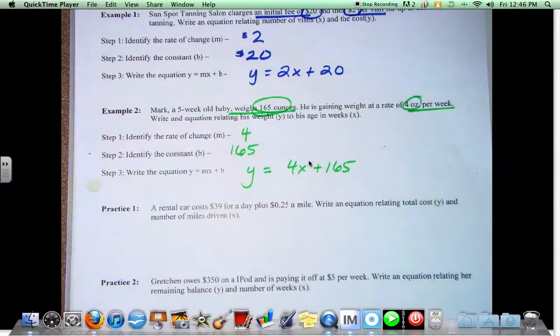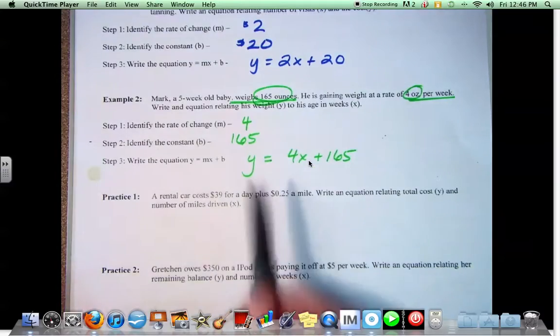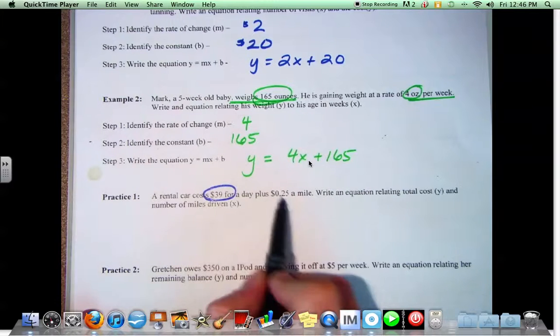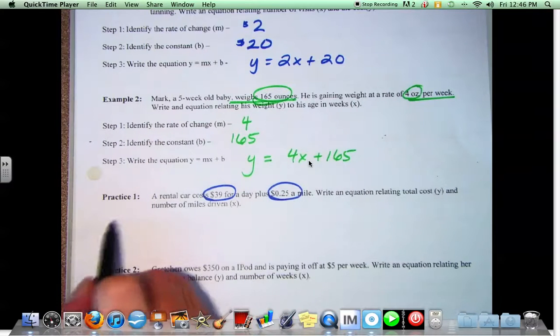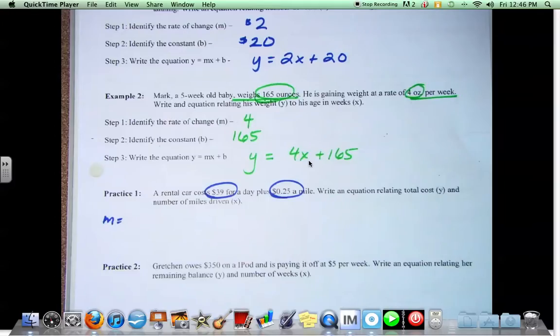All right, a rental car costs $39 for a day plus 25 cents a mile. Write an equation relating total cost y and number of miles driven x. So what are the two values that we're looking at? 25 and 39. Which one's going to be our slope or our rate of change? 25 per mile.